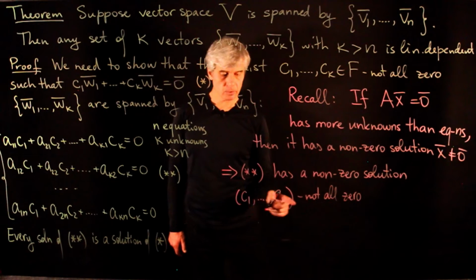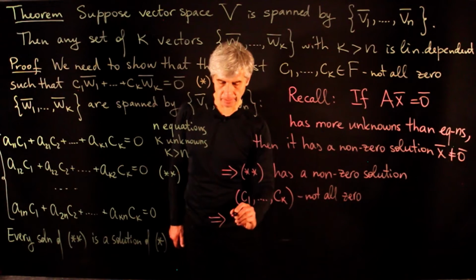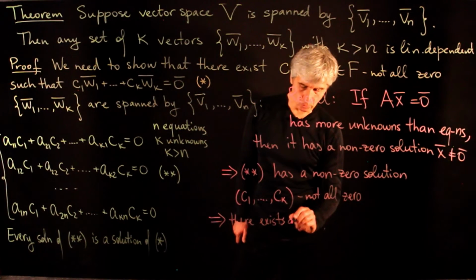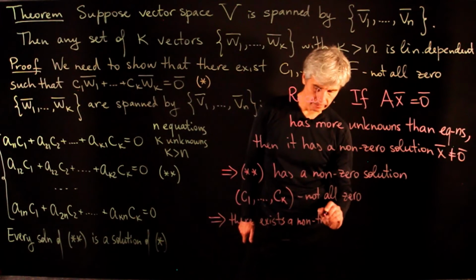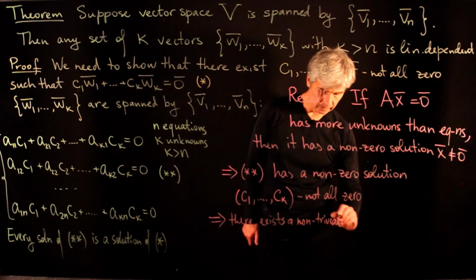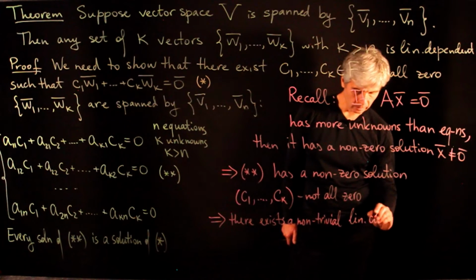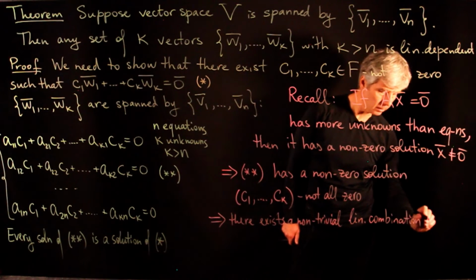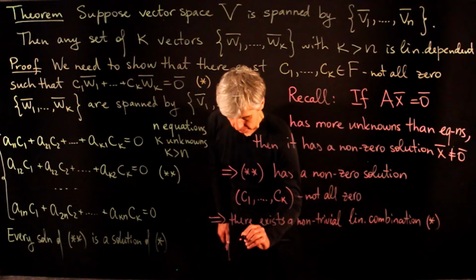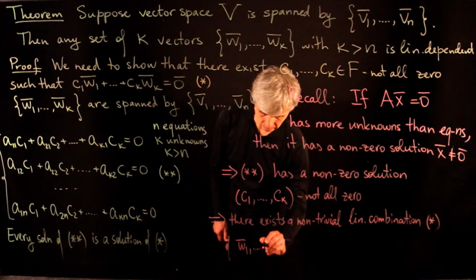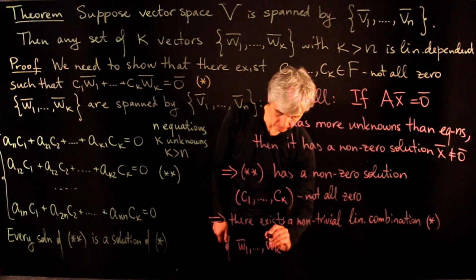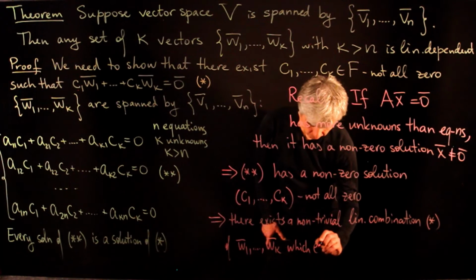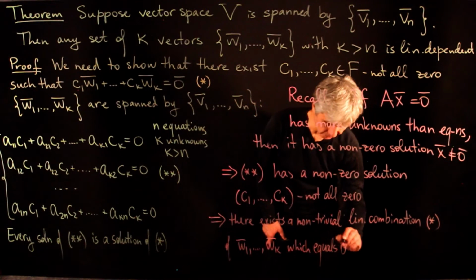And so that tells us that there exists a non-trivial linear combination of w1 through wk which equals the 0 vector.